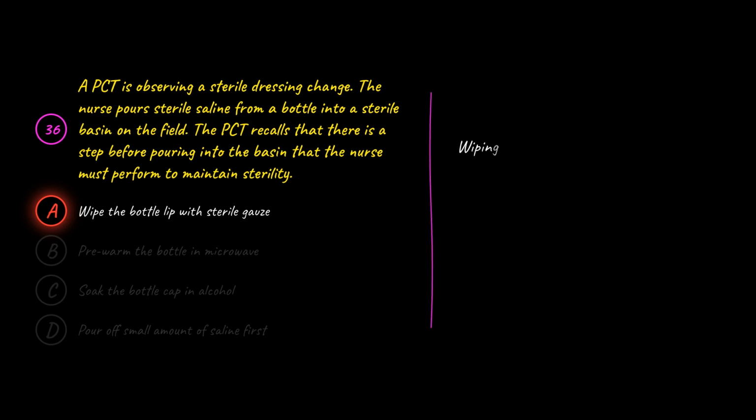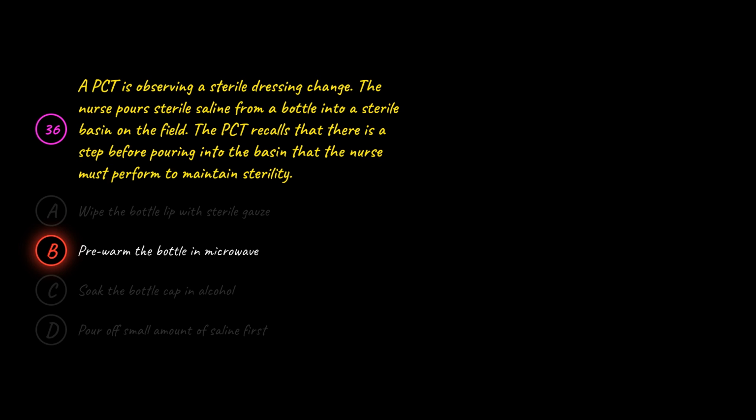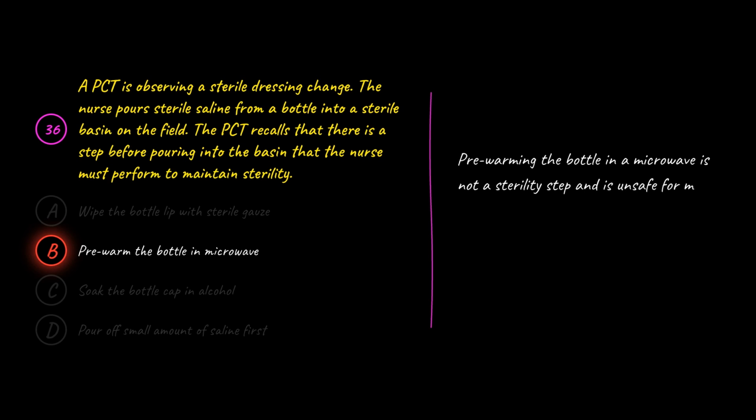A is wrong because wiping the bottle lip with sterile gauze does not remove organisms from a non-sterile bottle exterior reliably. The standard step is to pour off a small amount to flush the lip rather than wiping it with gauze. B is wrong because pre-warming the bottle in a microwave is not a sterility step and is unsafe for many fluids.